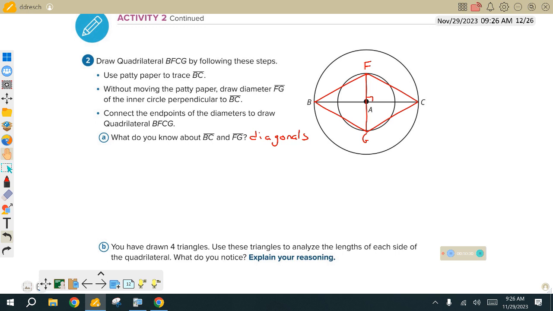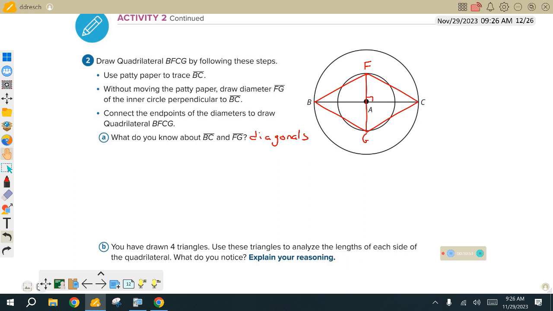As we look at what we've got going here, this appears to be bisecting. The reason we can say they're bisecting is that they're intersecting at this central point, the center of both of these concentric circles.